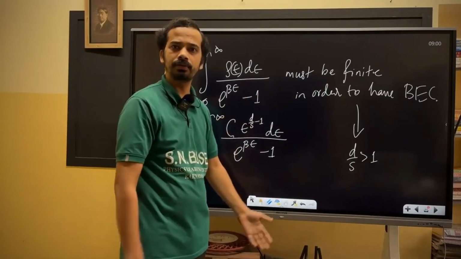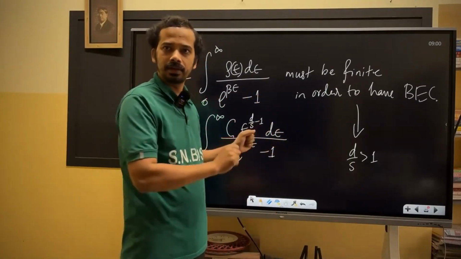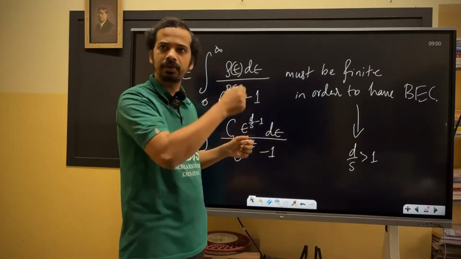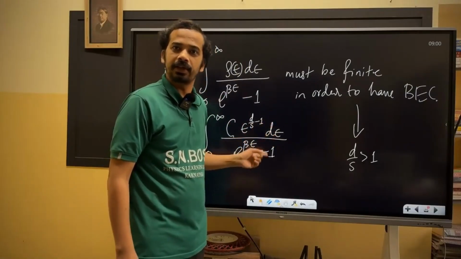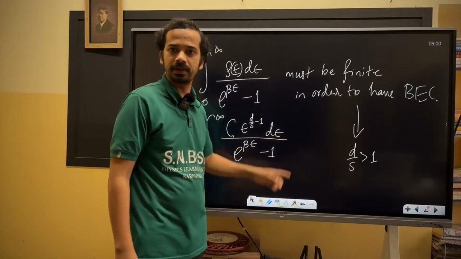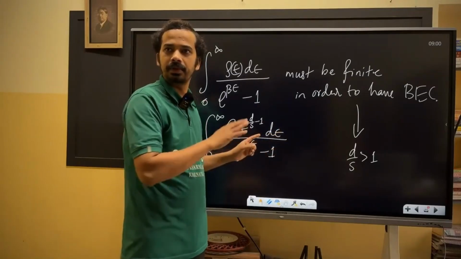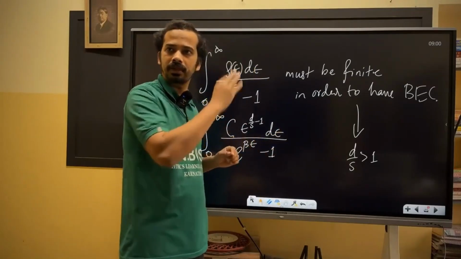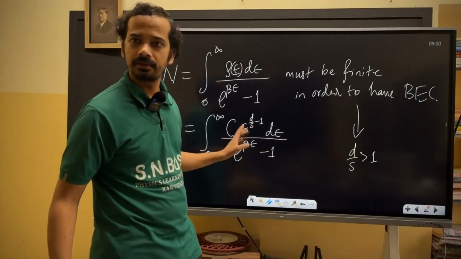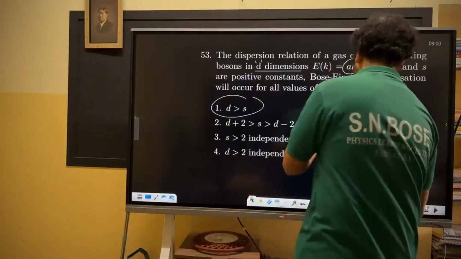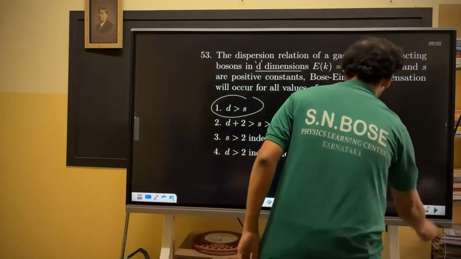At 0 Kelvin, all goes to the ground state. So greater than 0 Kelvin but at low temperature, this was finite depending on T. That was the trouble, and that should happen in order to have Bose-Einstein condensation. So this should be finite. That's the basic idea, so that is this question only, I think.